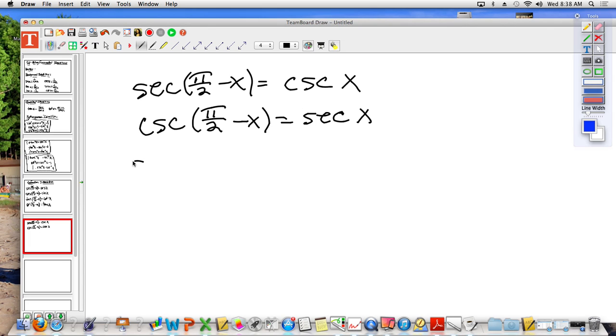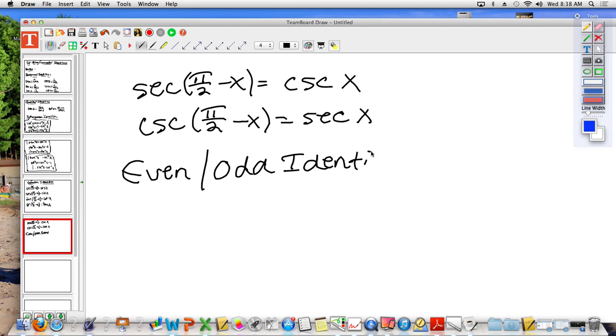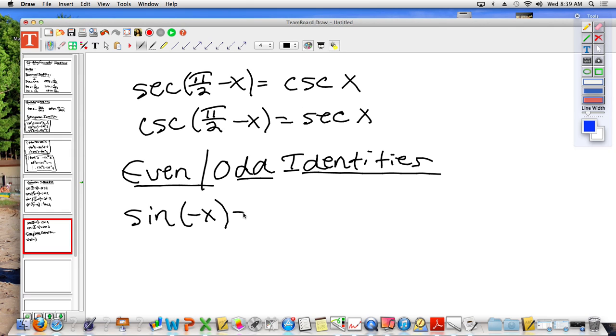Couple more even and odd identities. The sine of the opposite of x is the same thing as having the opposite of the sine of x.